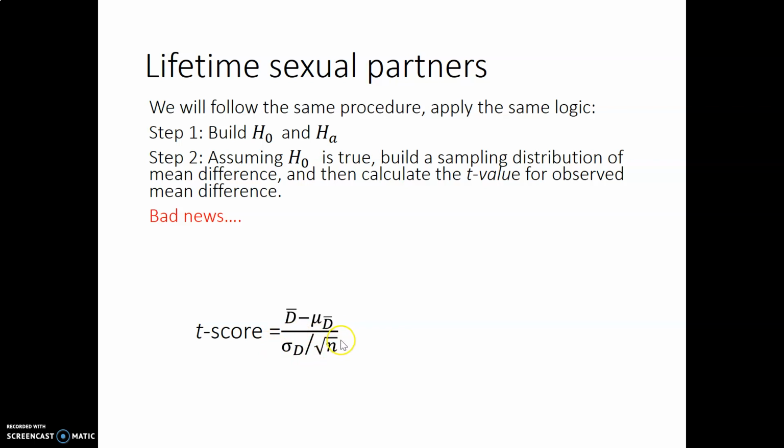First, the sample size n. For men, we have 10 participants, but for women, we have 12. These two samples have different sizes, so we have no idea which n to use, 10 or 12.